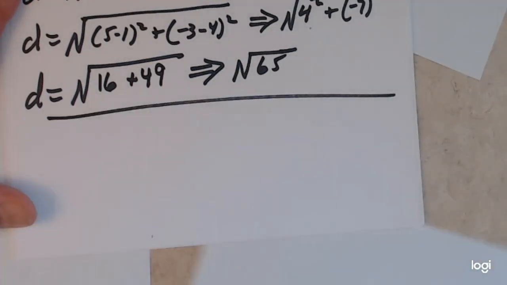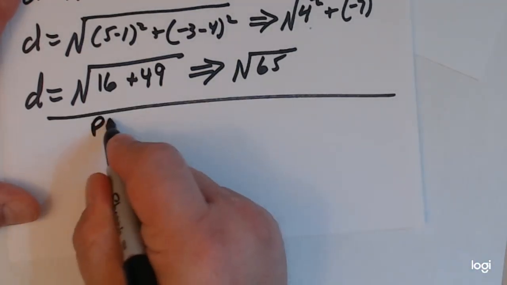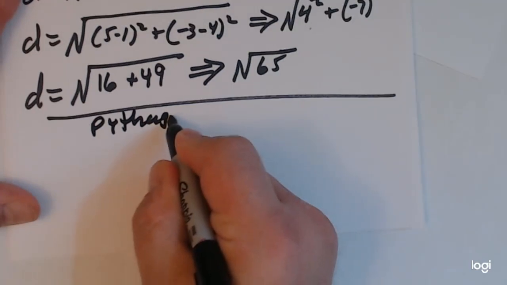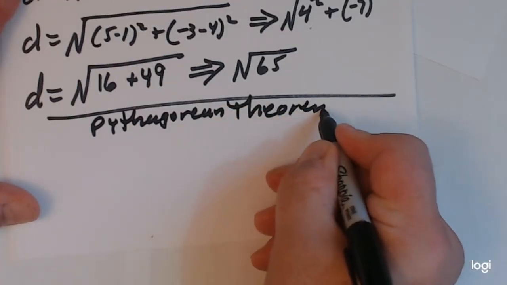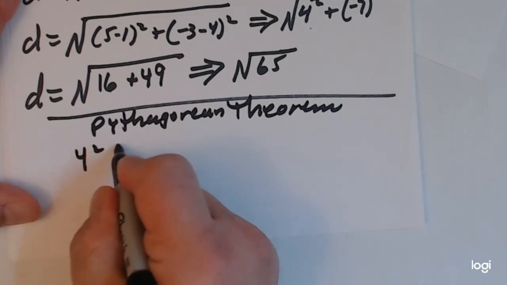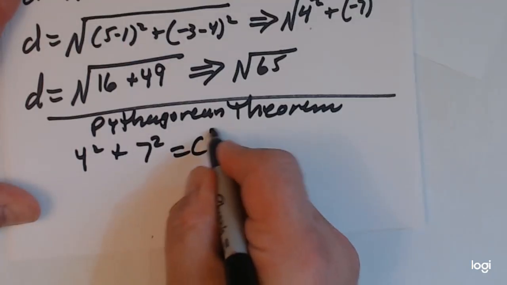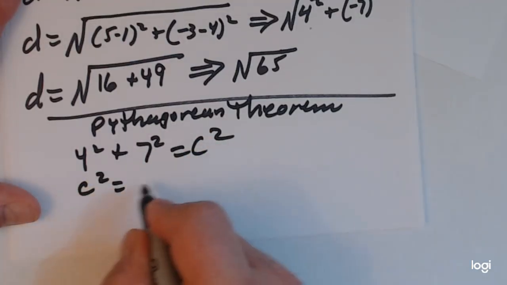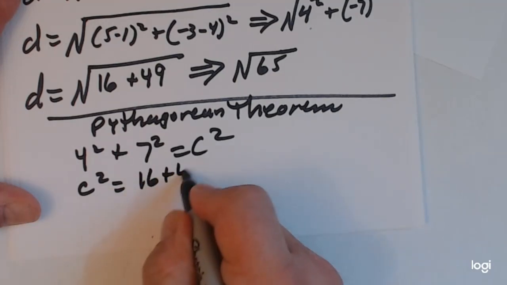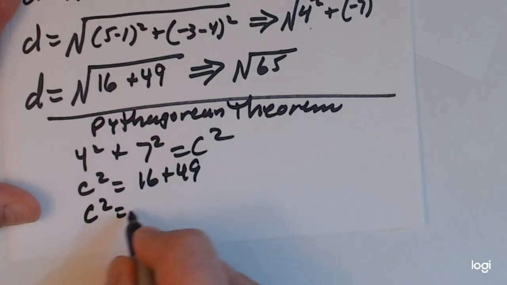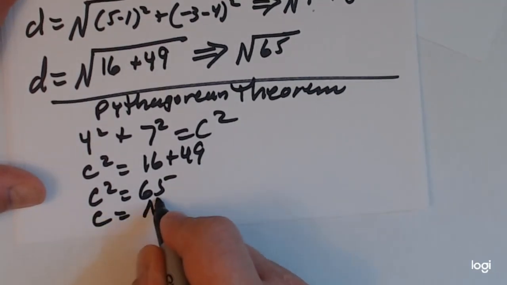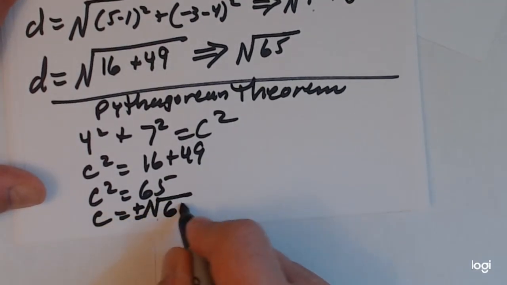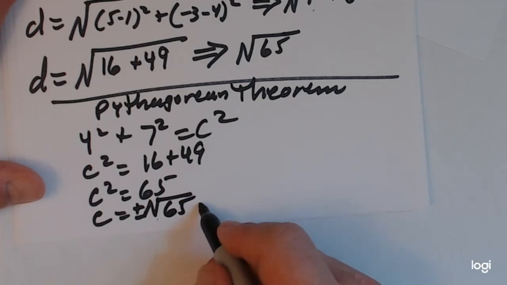So that means that using the Pythagorean Theorem, we get 4 squared plus 7 squared equals c squared. C squared equals 16 plus 49. C squared equals 65. So c equals plus or minus the square root of 65.